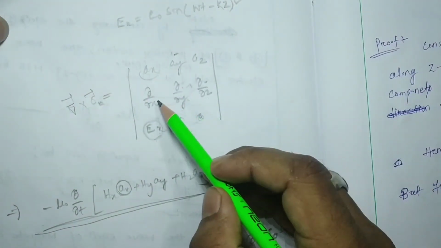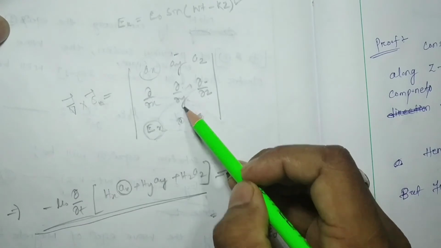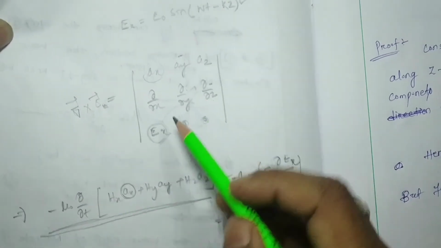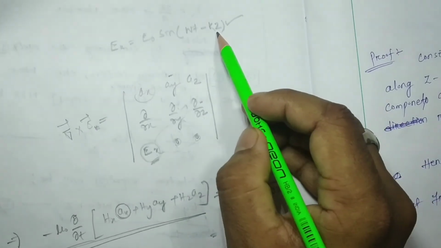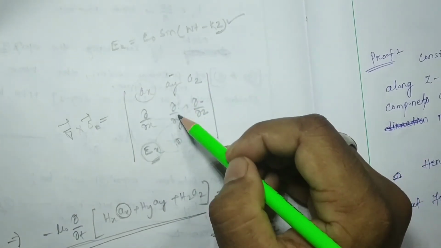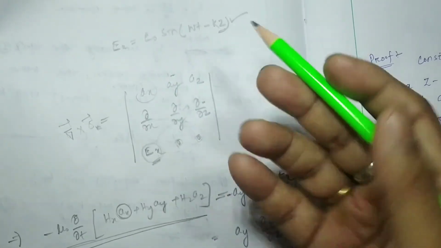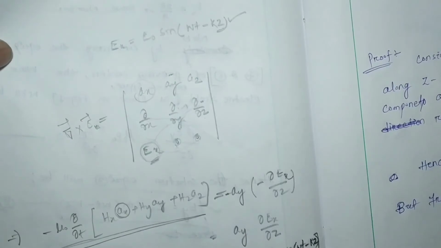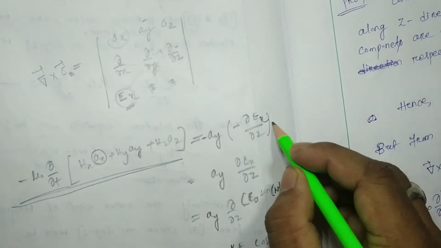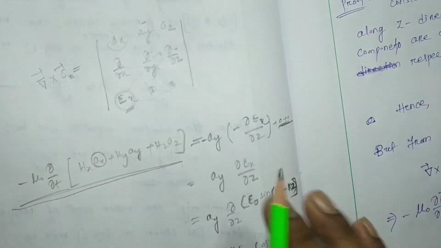We found that del by del x of 0 and del by del y of ex will be 0, because ex has only z, it is a function of z. So del by del y of this one will be 0. So directly I have cancelled it out, I have not written it. So the two terms, ay and az terms, will be 0.